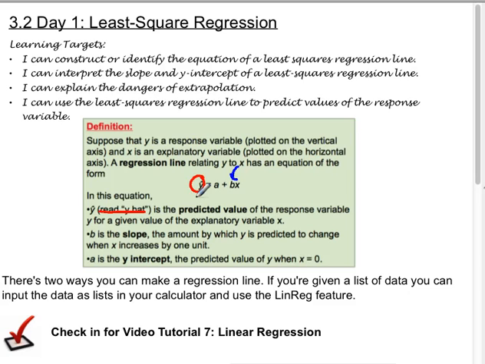That interpretation is going to be utterly important, so I would put a star by that. It's going to be really critical as we work through the section, that interpretive piece. The a is your y-intercept, which is the predicted value of y when x equals 0.